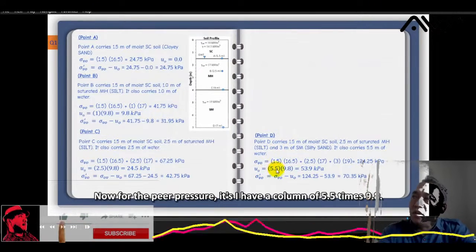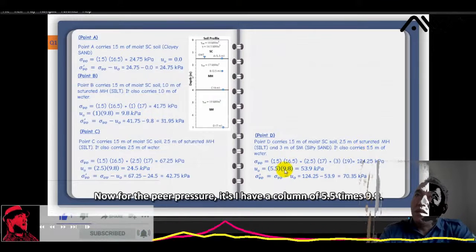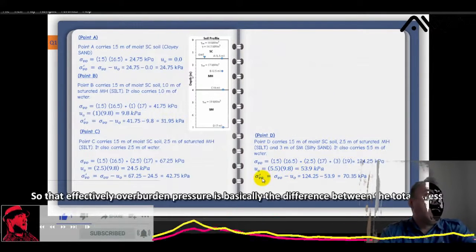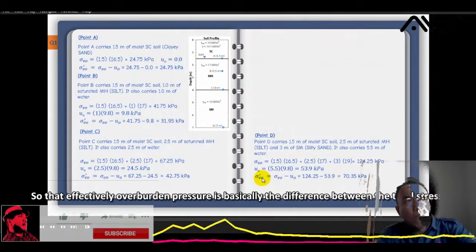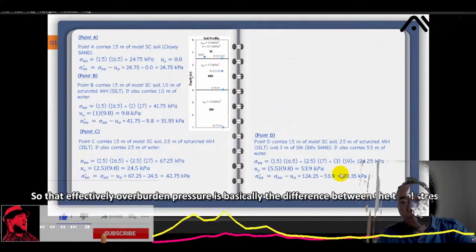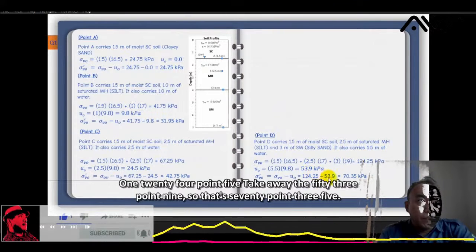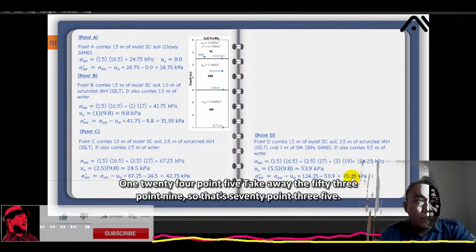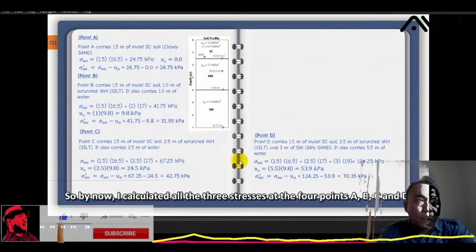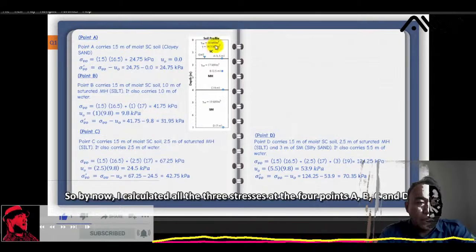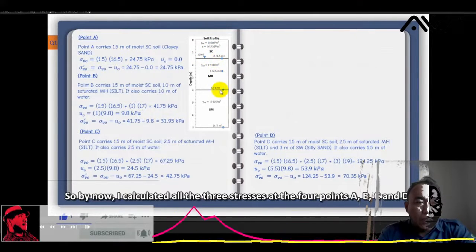Now, for the pore pressure, I have a column of 5.5 times 9.8, that's 53.9. So the effective overburden pressure is the difference between the total stress 124.25 and the 53.9, so that's 70.35. So by now I calculated all three stresses at the 4 points A, B, C, and D.